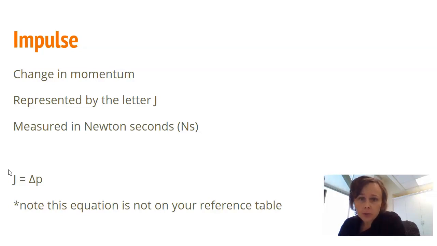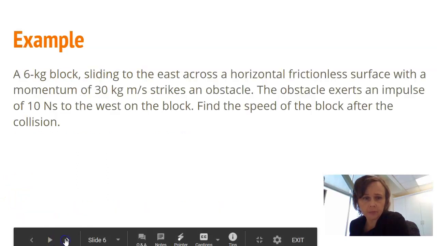It is measured in newtons times seconds. There is no special unit for momentum or impulse. It's just the two units combined, newtons and seconds. So capital J equals the change of momentum, or final momentum minus initial. This equation is not on your reference table, so you need to memorize it.